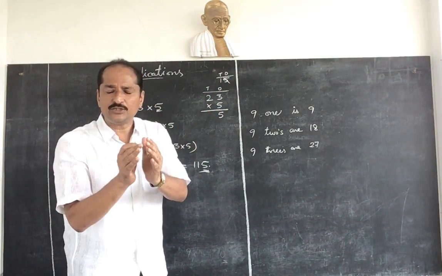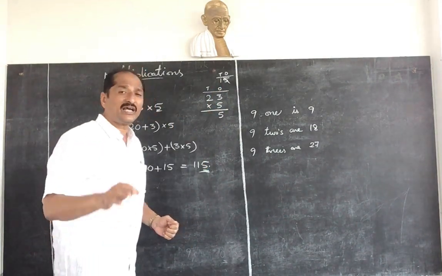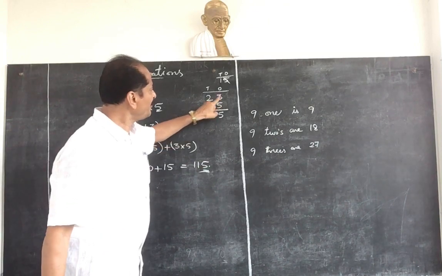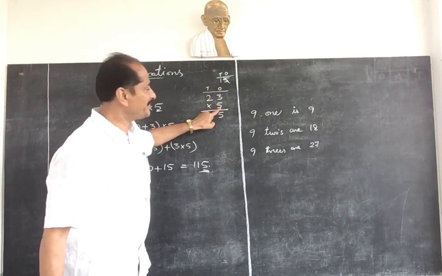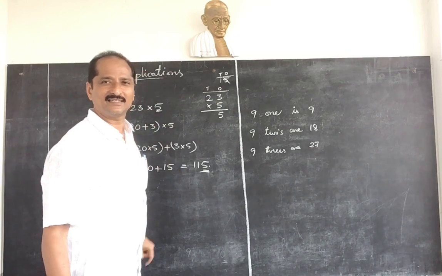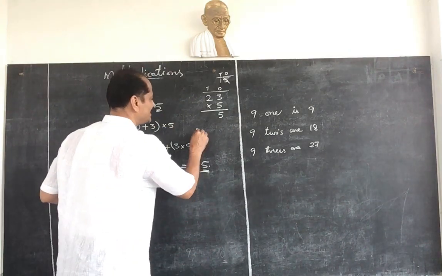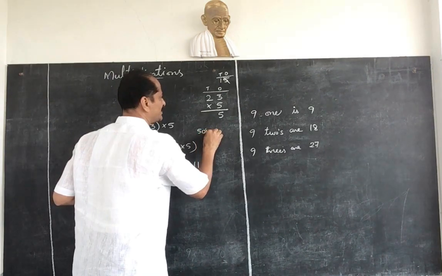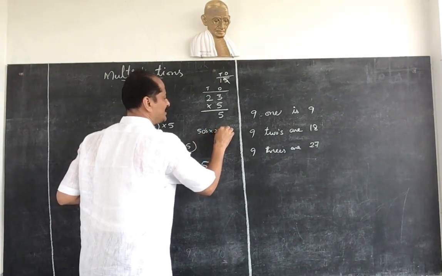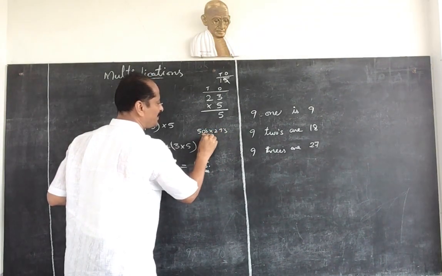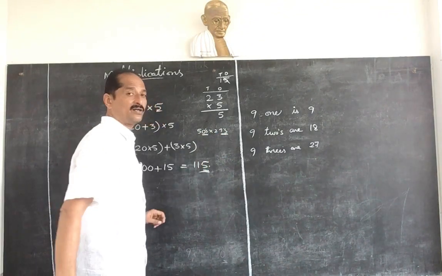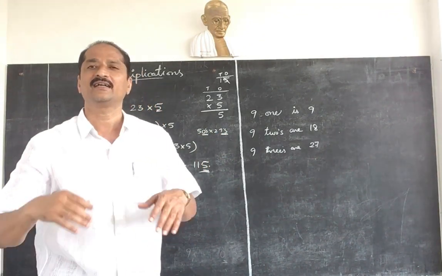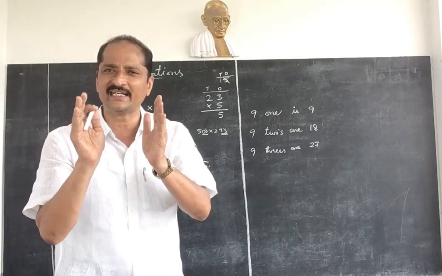So that 10s should be added in 10s. Now what are we multiplying? Now 5 ones we are multiplying with 2 tens. Understand? 5 ones, 5 is ones place, 5 ones we are multiplying with 2 tens. So ones place we are multiplying with tens, that means we are getting tens.